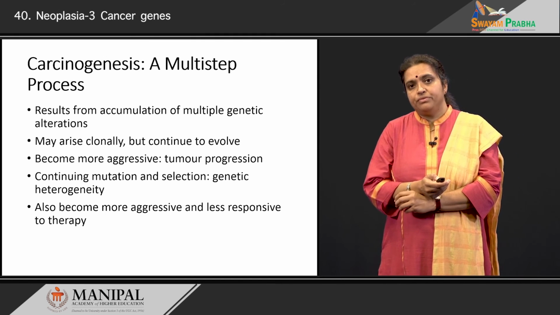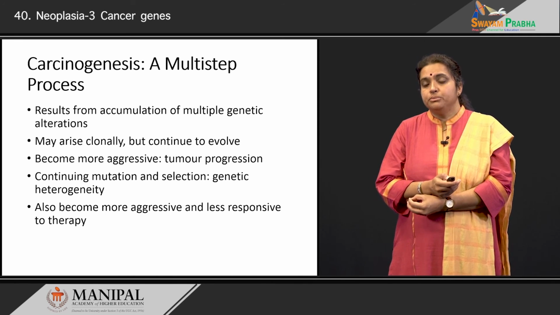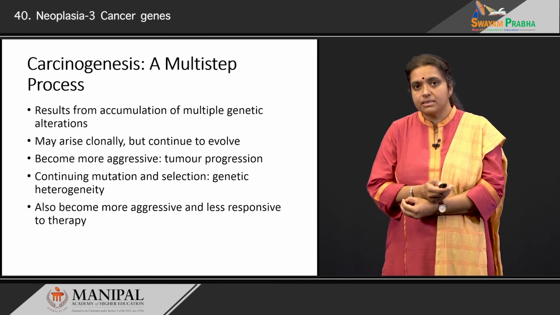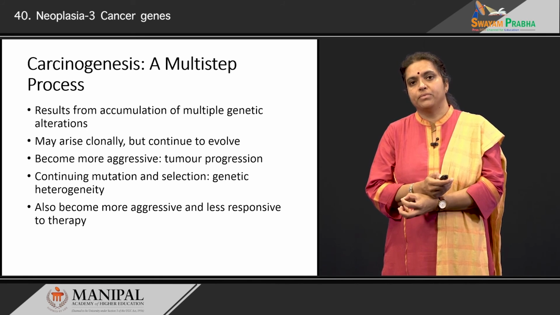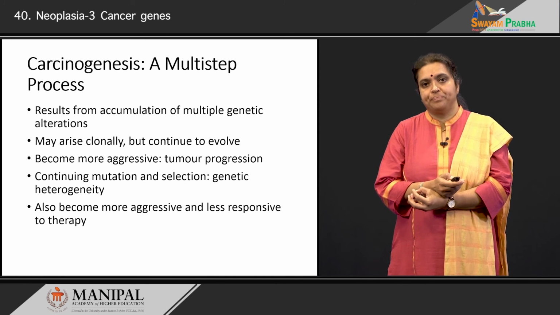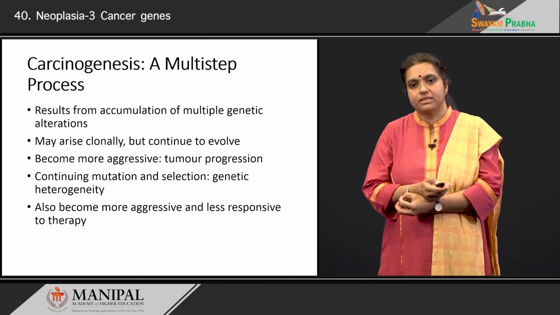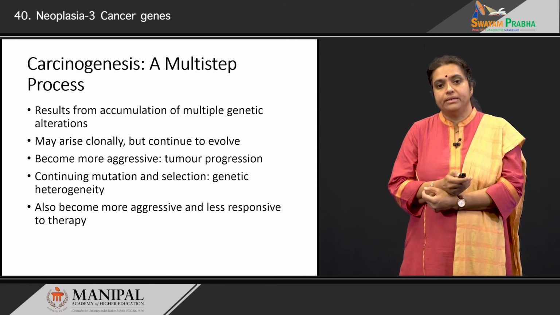For example, if you are treating a tumor with a certain drug, the tumor cells will develop mutations that confer resistance to that drug, and there will be proliferation of cells that are no longer responsive to the drug that you give. So, this is the basis for resistance to drug therapy in cancer.